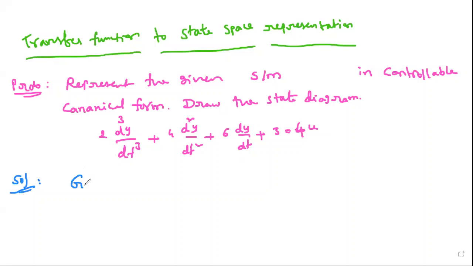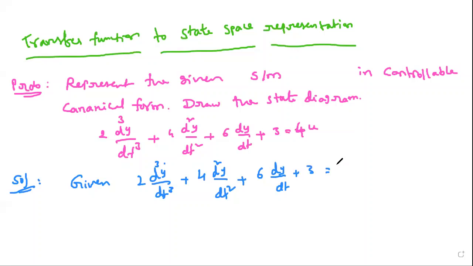The given differential equation: 2 d cube y by dt cube plus 4 d square y by dt square plus 6 dy by dt plus 3y is equal to 4 into u. Tell me how many state variables we should take?